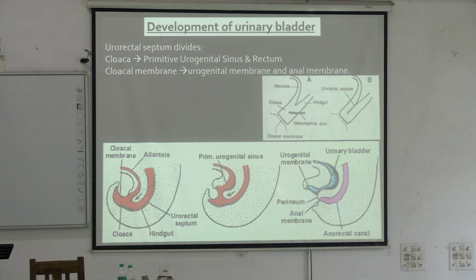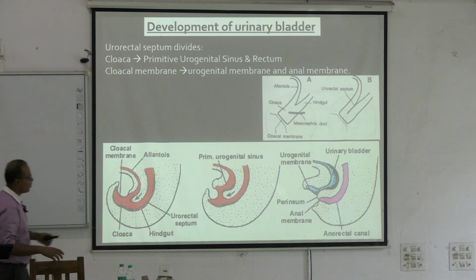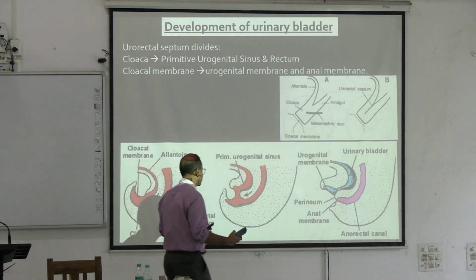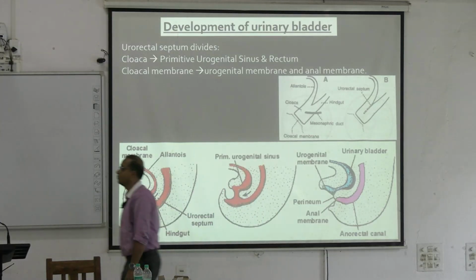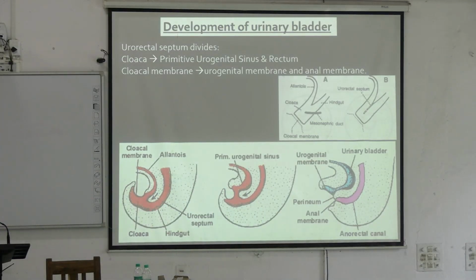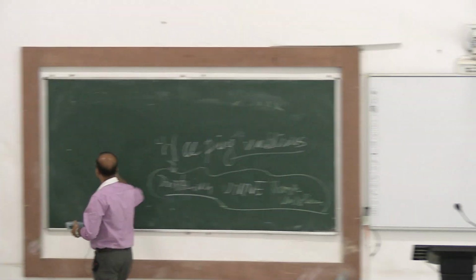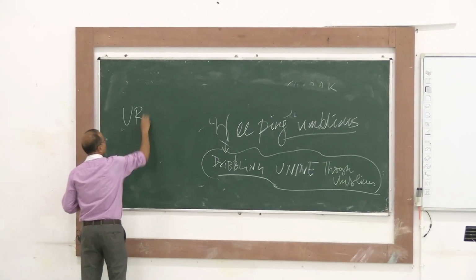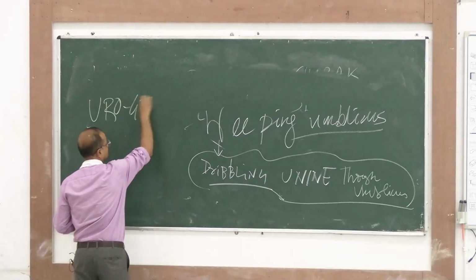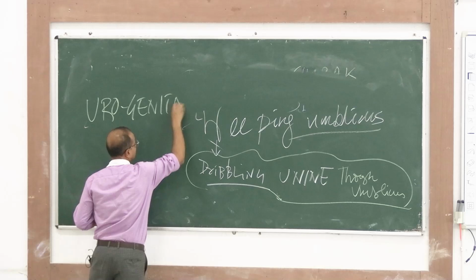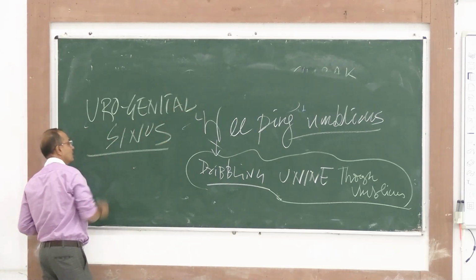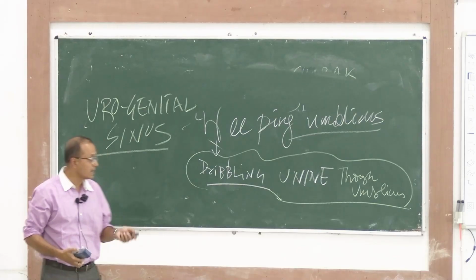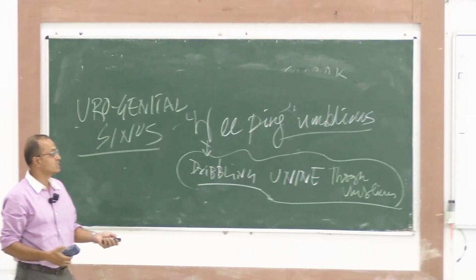What develops into the urinary bladder? The urinary bladder develops from this green shadow you are seeing here, from the source we call the urogenital sinus. What is the urogenital sinus? It is the anterior part of the cloaca which is separated out.